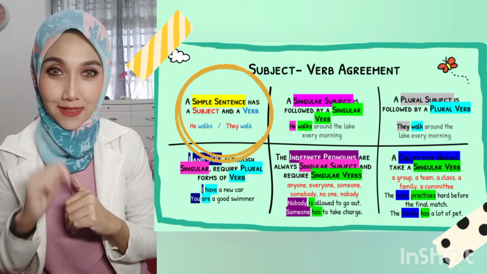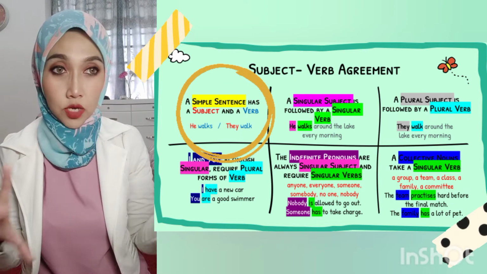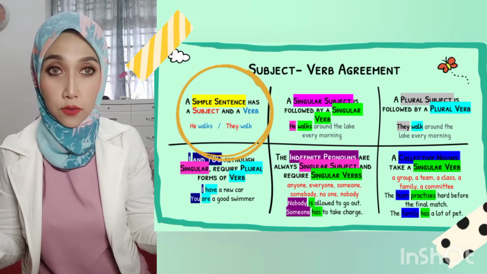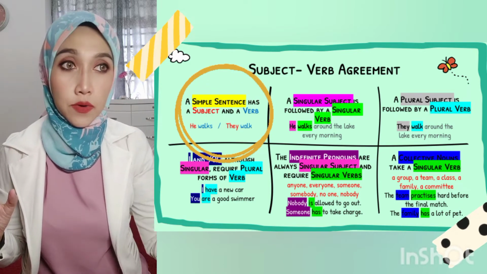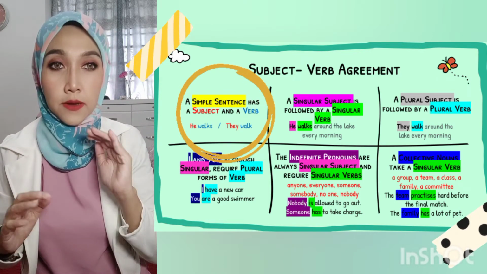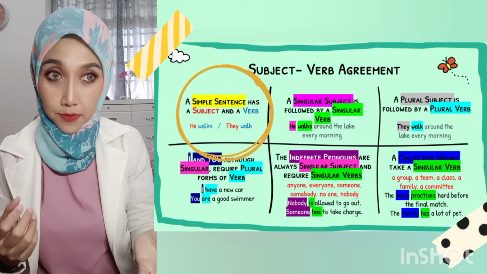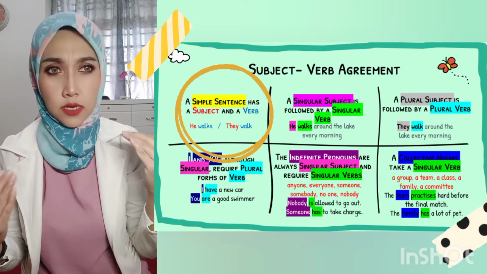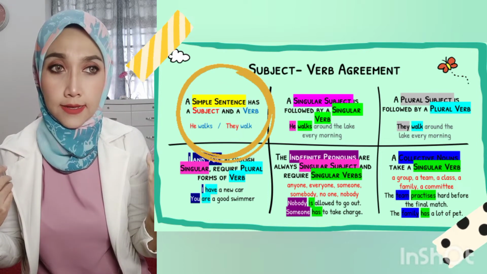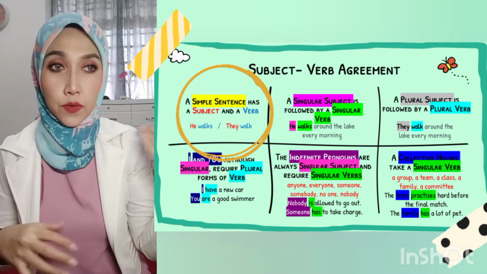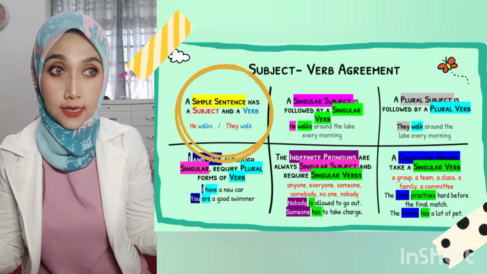Alright, next. I put it in this chart so that you can see what we're going to cover today: singular subject and singular verbs, plural subject and plural verbs, then I and you, and indefinite pronouns, which take singular subject and singular verbs, and then collective nouns that take singular verbs.